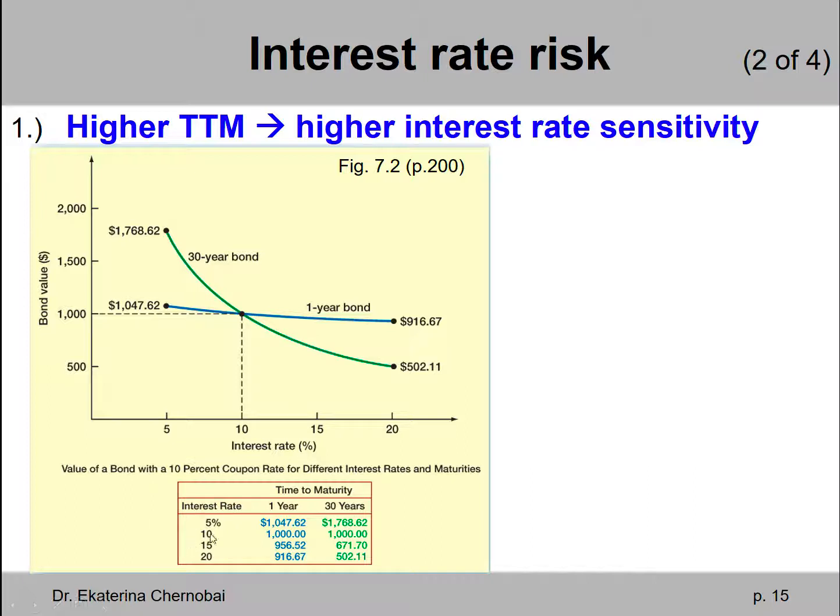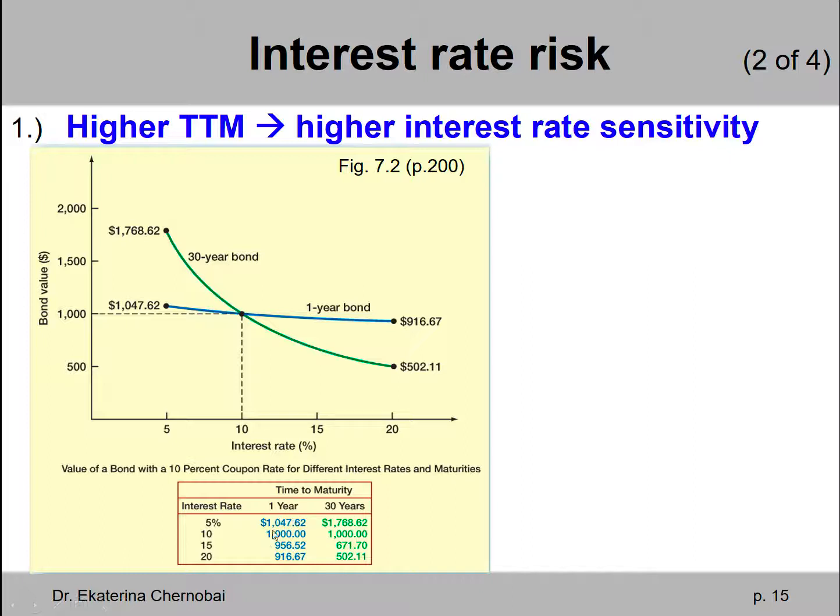Imagine you changed your interest rate, the yield to maturity, the I/Y in the financial calculator. So you change it, let's say, from 5%, increase it to 10%, then increase it to 15%, then to 20%, and recalculate the bond value for each of the two bonds. When you do that, you will be getting new numbers for the bond values, right?